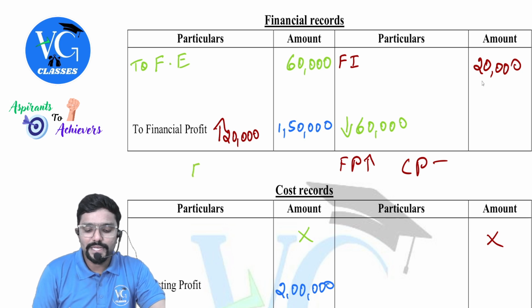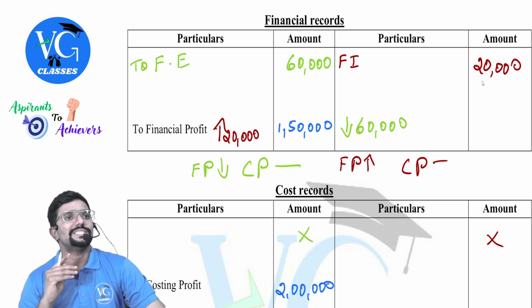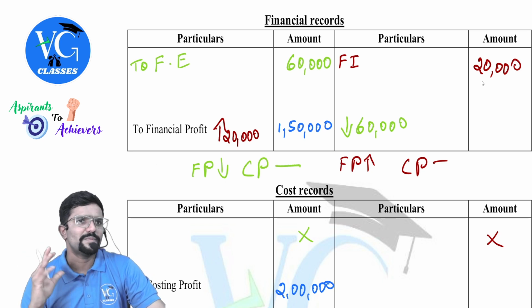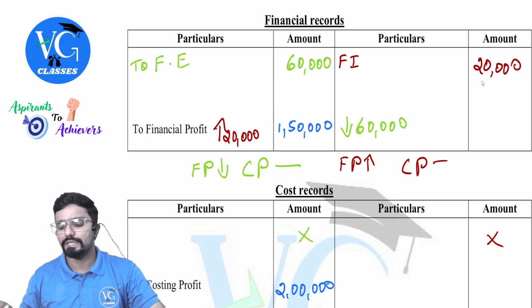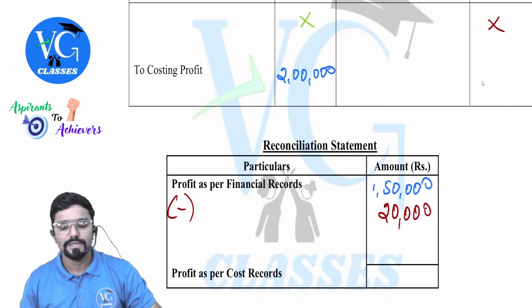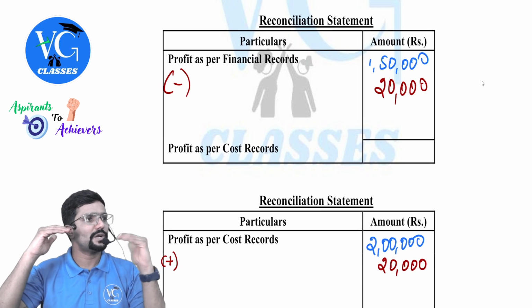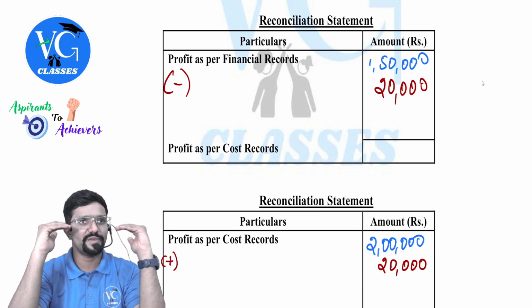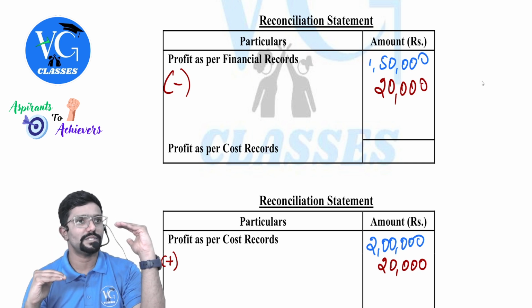Now you can analyze like this. Financial profit has gone down, whereas my costing profit is constant. It is constant because we have not recorded it in the costing books. Is that clear? Now let us decide like this. Coming to reconciliation part. Sir, financial profit, costing profit. Because of this individual item, my financial profit has come down by 60,000.